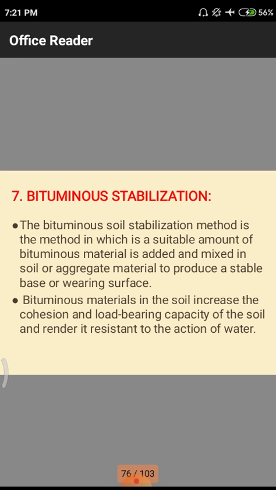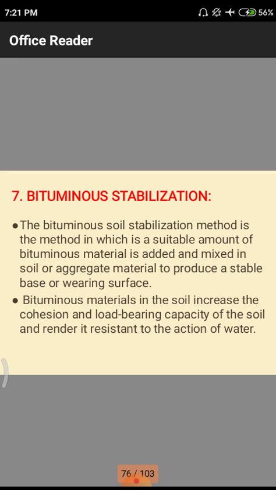Today's topic is related to bitumen stabilization. Before going to today's class, we need to recollect a few points which we discussed in earlier classes. Earlier classes were also related to stabilization.